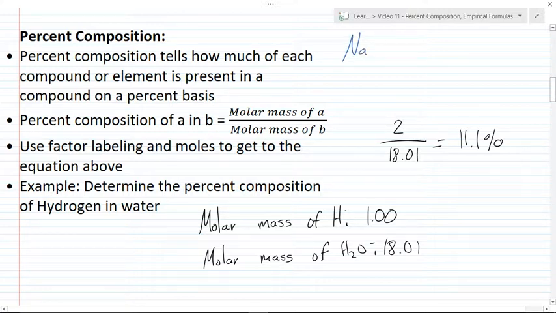So you might be asked for the percent composition of NO3 minus in NaNO3, and so here NO3 minus is going to be our A, but normally it's just going to be an element.